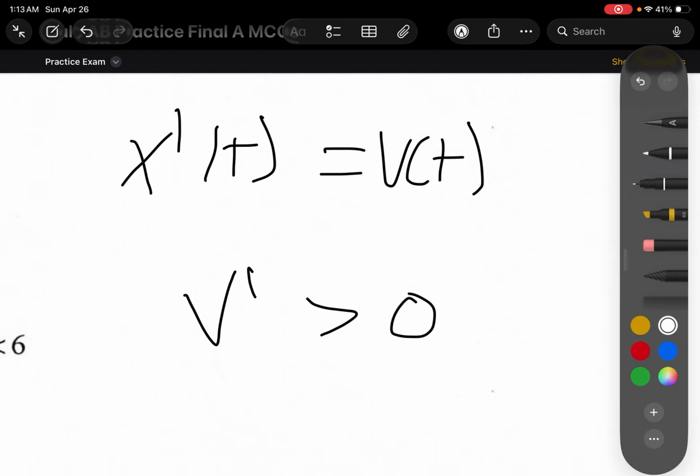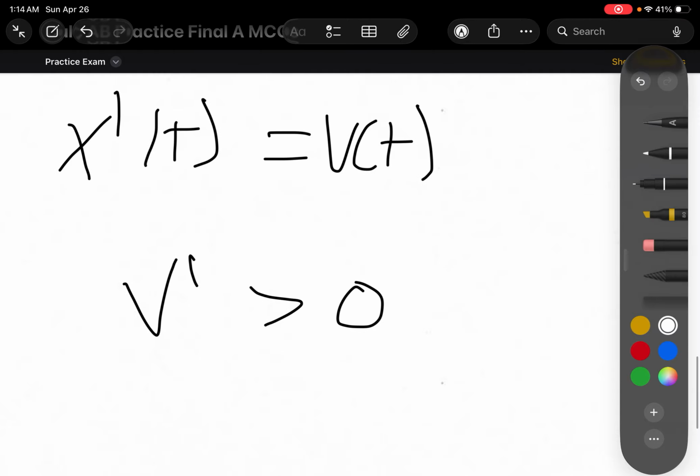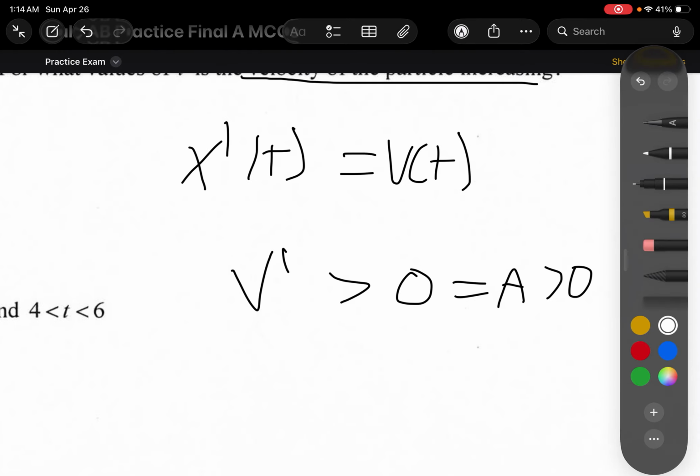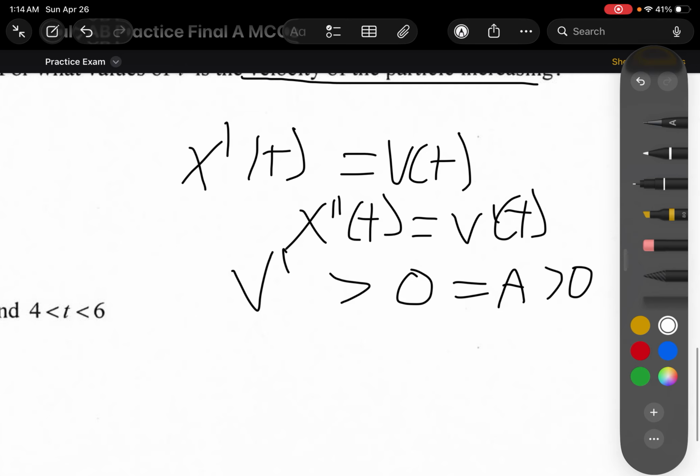So that means that x double prime of t is equal to v prime of t, which is equal to a of t.